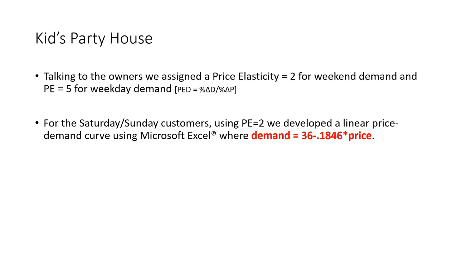Using the price elasticity equals 2 for the Saturday and Sunday customers, we developed a linear price versus demand curve using Microsoft Excel, where demand is equal to 36 minus 0.1846 times price, a very classical linear equation for demand versus price.